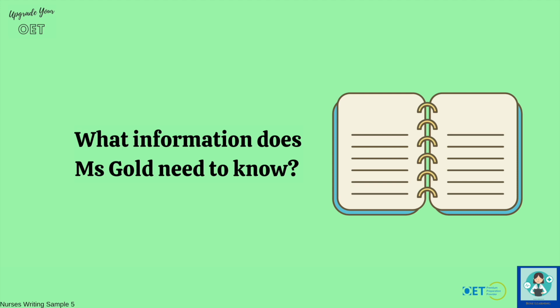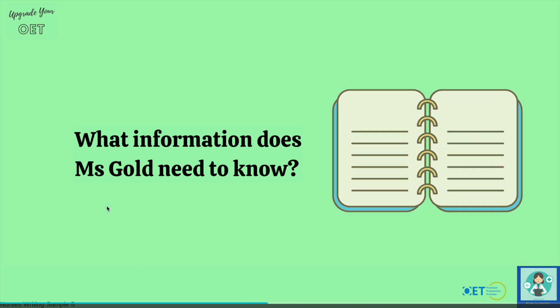This is what you need to be thinking about when you read your case notes, when you get those 5 minutes preparation time in the OET writing. Remember, the first 5 minutes is just reading. You need to be thinking about and really try to understand, what does the reader, in this case, Ms. Gold, what does she need to know about George?